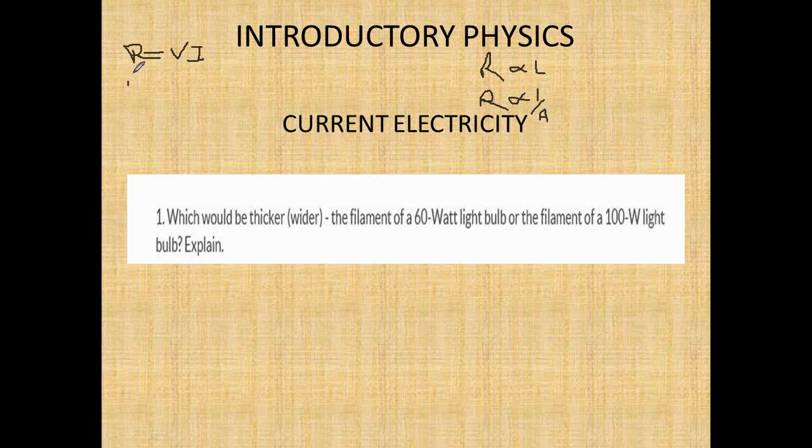Power is equal to I squared times R. And power is equal to, so these are all the equations that we derived, power is equal to V squared divided by R.